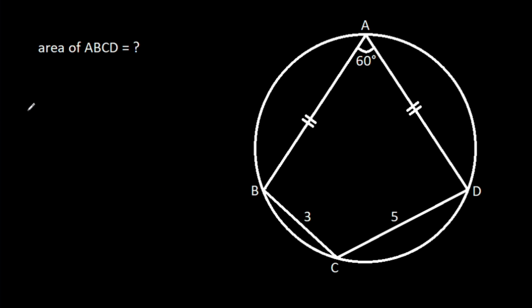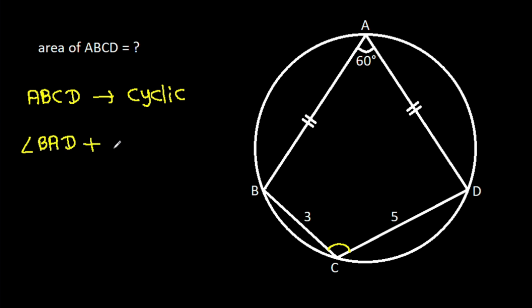So ABCD is cyclic, so the sum of opposite angles, angle BAD plus angle BCD, will be 180 degrees.